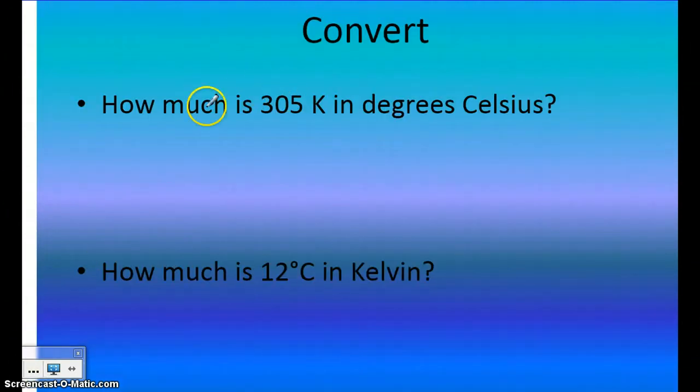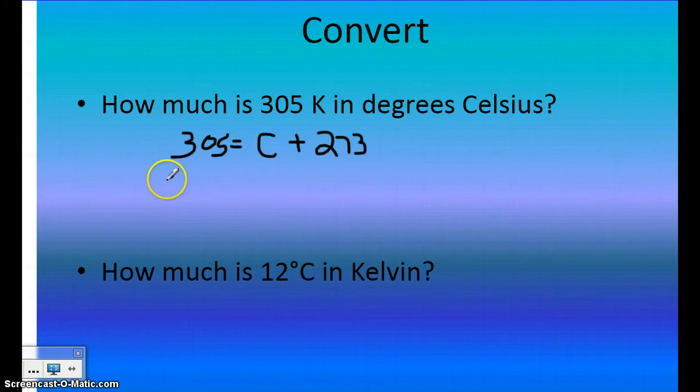In this one, it says how much is 305 Kelvin in degrees Celsius. So we know that if it is Kelvin, we're going to put it in the K spot. So K equals C plus 273. Okay, and then we would subtract 273 from both sides.